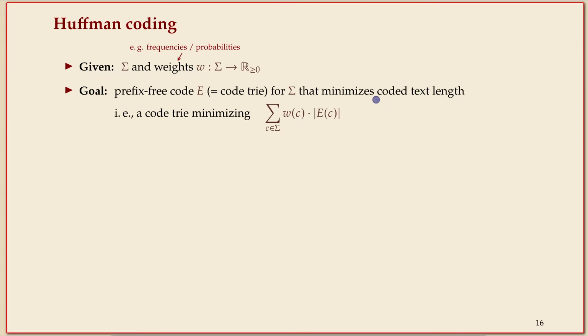Right, so to get this, we want to choose W of C as the number of occurrences of this character in the source text, I guess, but you know what I mean.